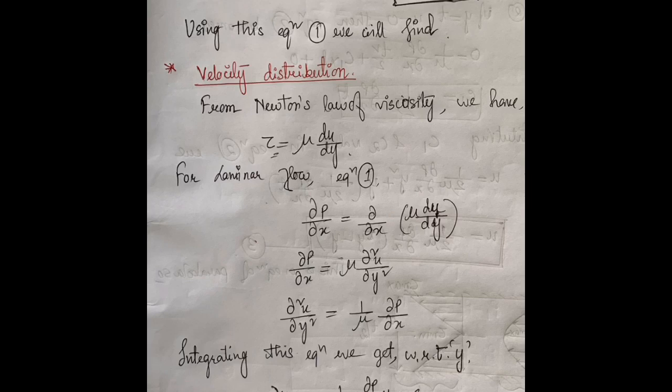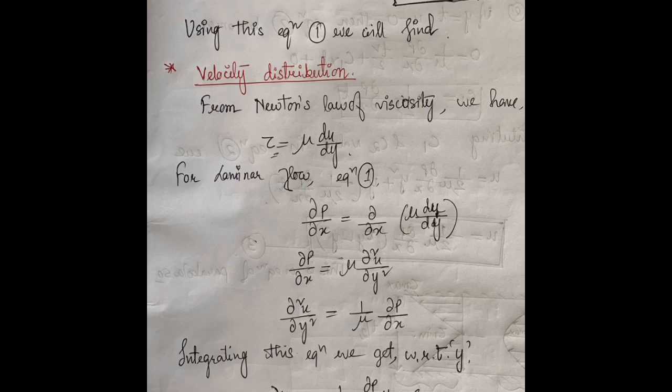If we put this value of tau in equation 1, what will happen? After putting this value in equation 1, you will get del p by del x equal to del by del y into mu du by dy.